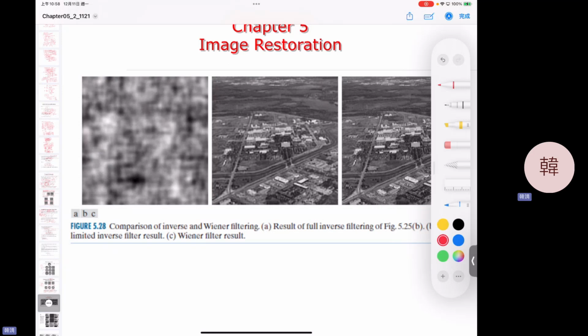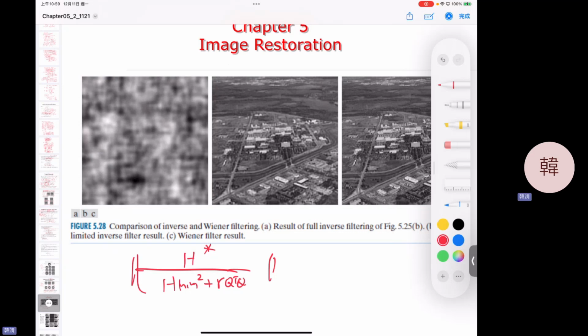So remember our equation is H conjugate divided by the magnitude of H(u,v) squared plus gamma times the transform of Q times Q, whatever. Okay, so here we try to use a Laplacian.